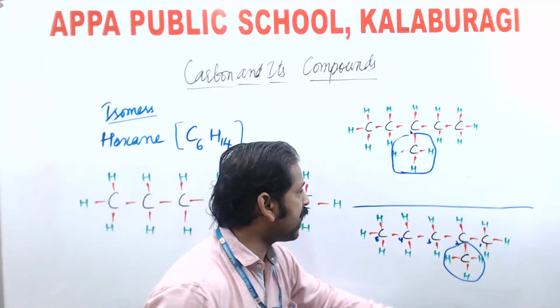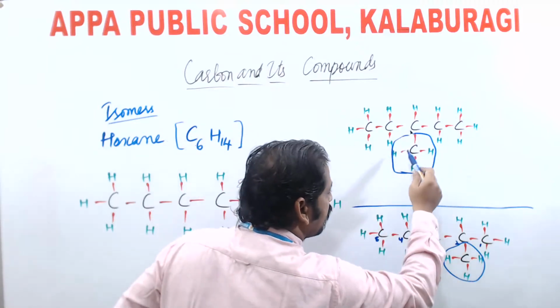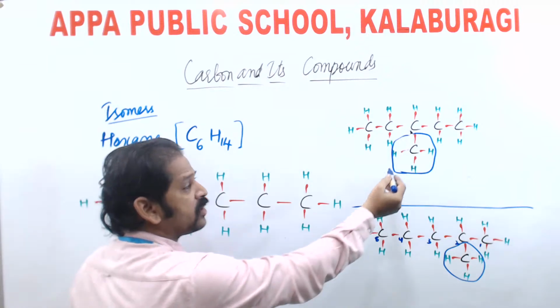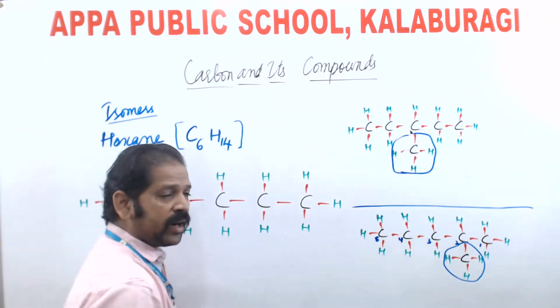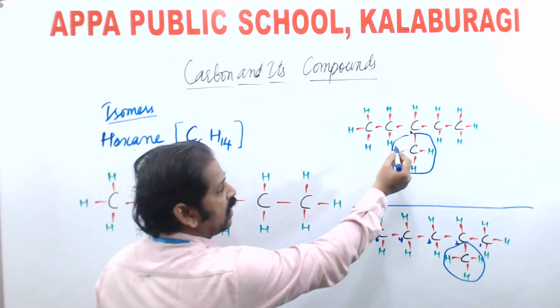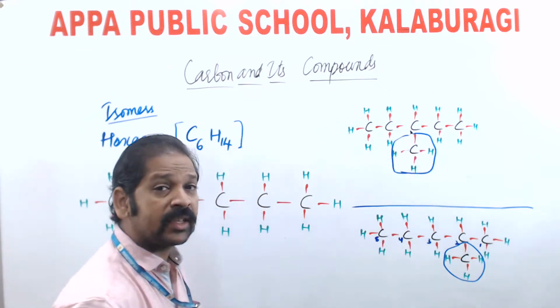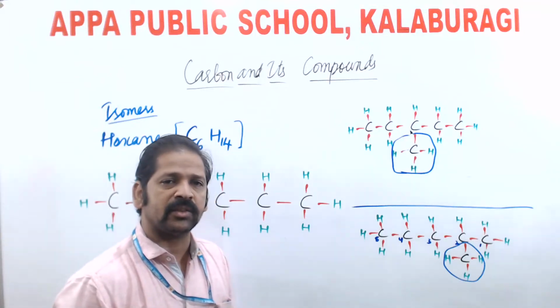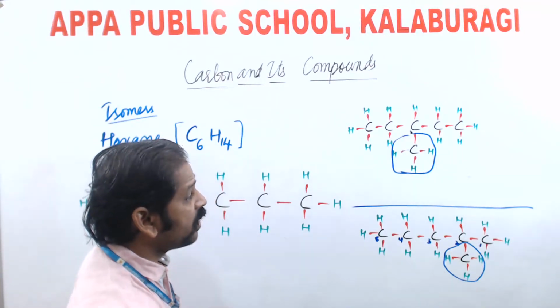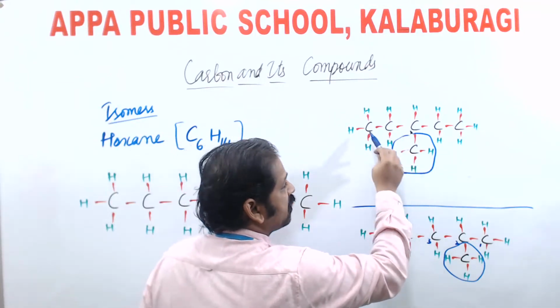Main chain and branch chain. What is the branch? CH3 is the branch. Only CH3. What is CH3? A single bond with the CH3 is called a methyl group because it is separately attached to this main carbon chain.